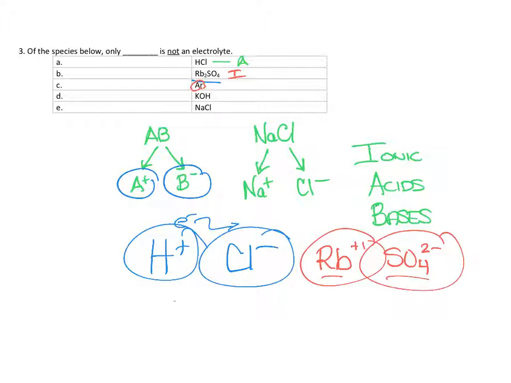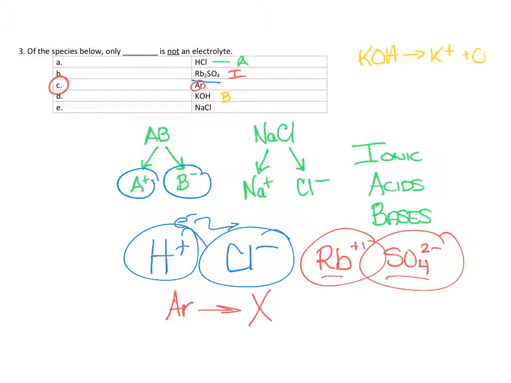Argon, just argon. Put that into water, if it'll even go, and guess what? Can that split apart into ions? No, that's it. That's all that's there. So argon is actually the answer, but let's keep going. Potassium hydroxide, KOH. I'm running out of room here, guys. KOH is a base. It's a strong base. Put it into water.